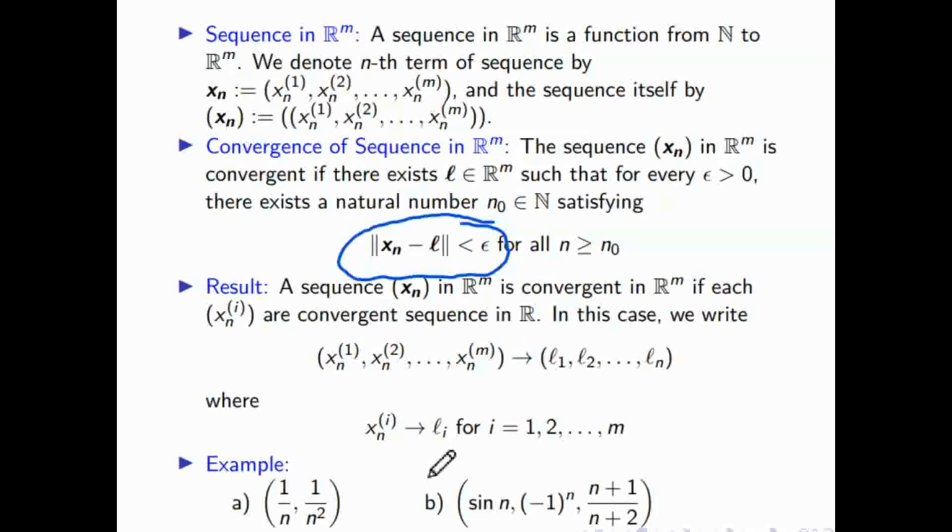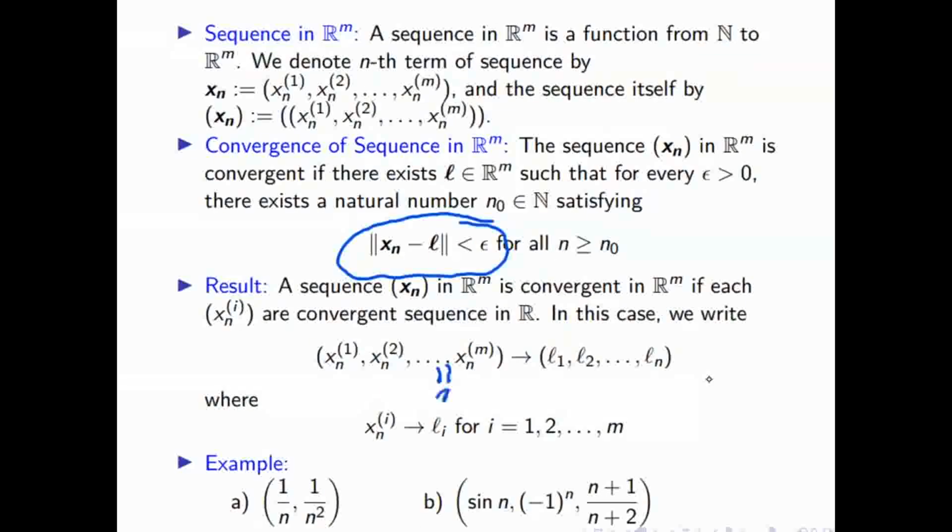The proof of this is very simple. If you just expand this, what will you get? This L means L1, L2, Lm. This Xn means these m components. So what is the norm of this if you apply? This is Xn, this is L. Can you tell me the norm of Xn minus L?